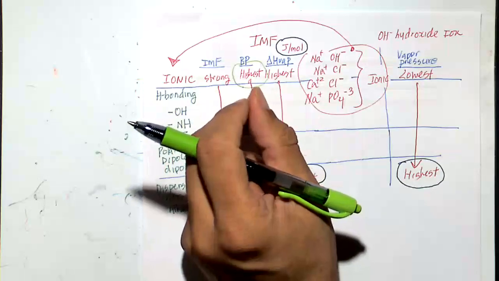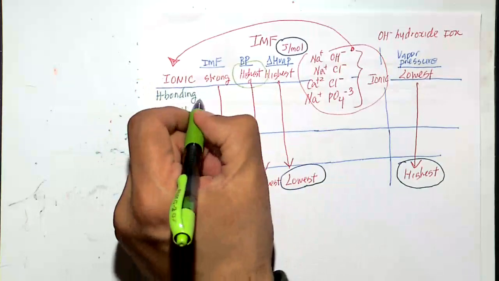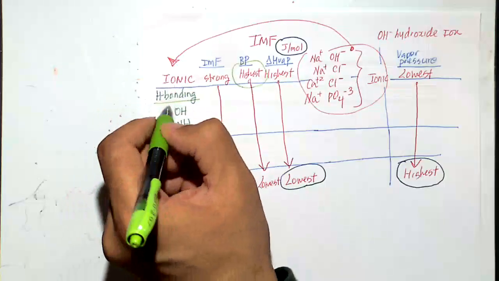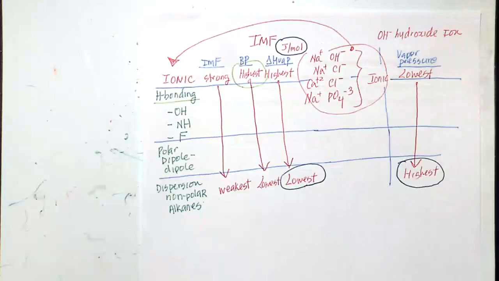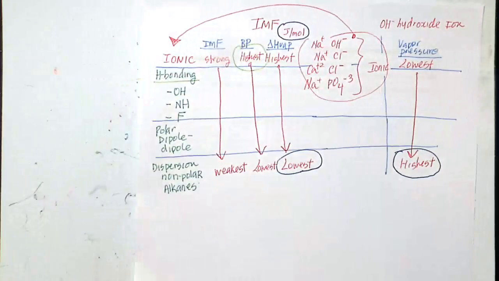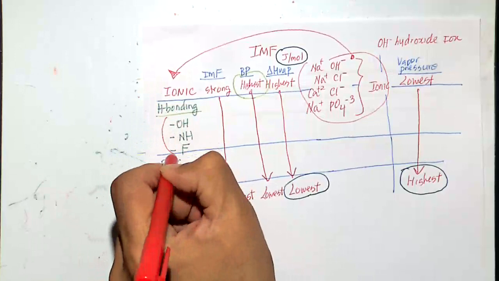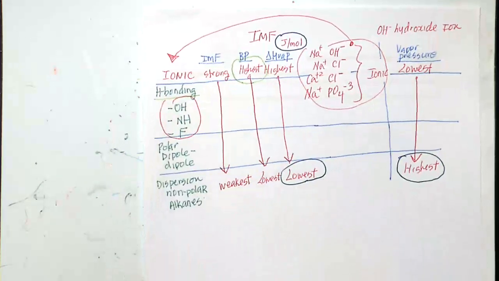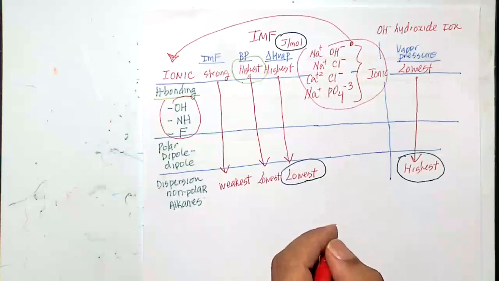Hydrogen bonding. Okay, so what do we look for in hydrogen bonding? OH, NH, and F. Okay, more OHs, what does that tell you? More hydrogen bonding. More NHs, more hydrogen bonding.